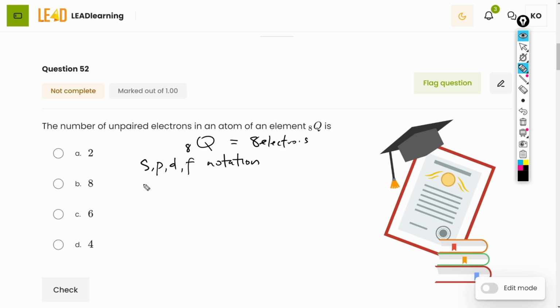We're going to apply the Aufbau's principle that electrons will occupy orbitals of lower energy level first before occupying orbitals of higher energy level. So I'm going to start by writing down the Aufbau's formula, which we're going to use to answer this question.